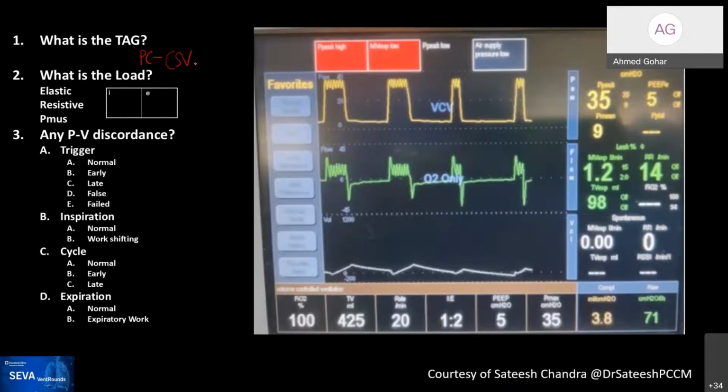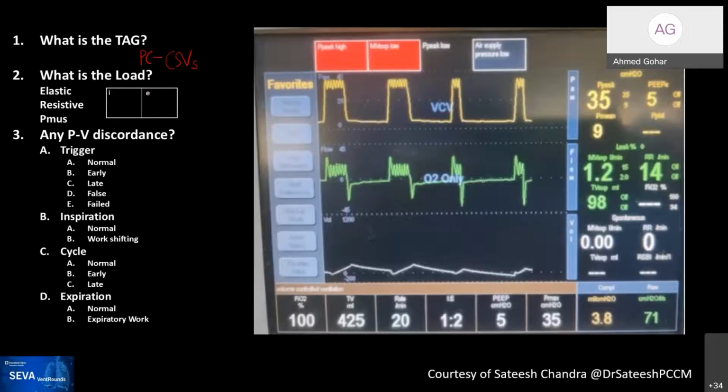And then I'm going to go with set point, assuming that the pressure is set at a certain value. Now, in terms of the load, looking at the expiratory waveform, there's a very rapid depressurization, and looking at the flow, it bounces pretty quick, and then it takes a while to come back to the baseline.